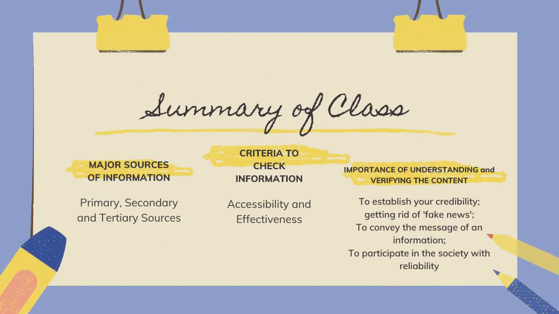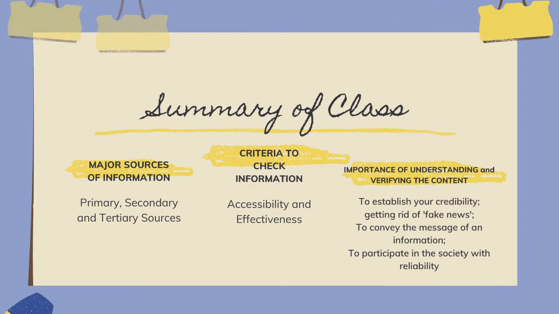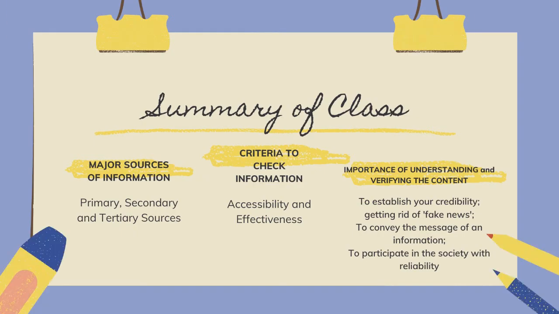To sum up everything, we have three major sources of information: primary, secondary, and tertiary sources. Next, we have two criteria to check information. Number one is accessibility, and number two is effectiveness.